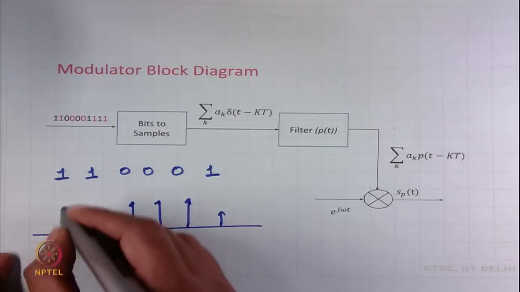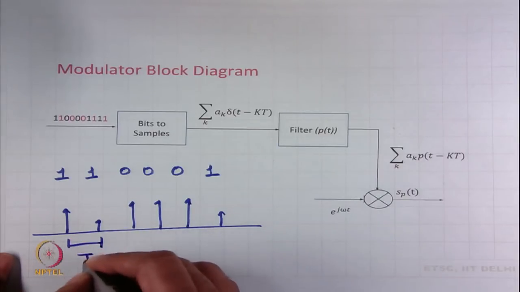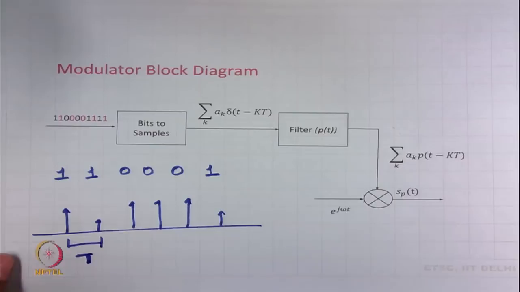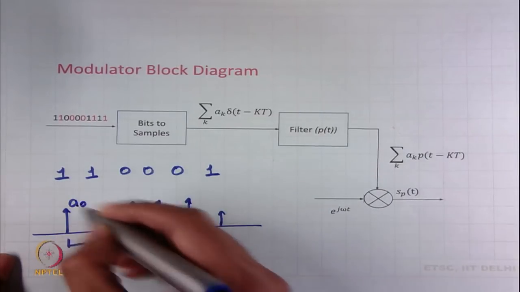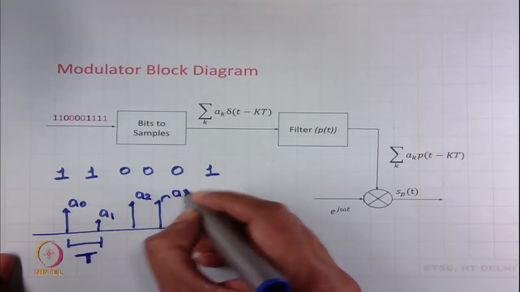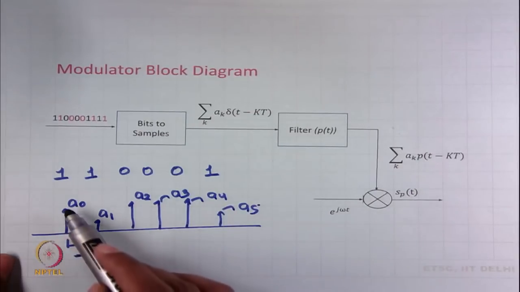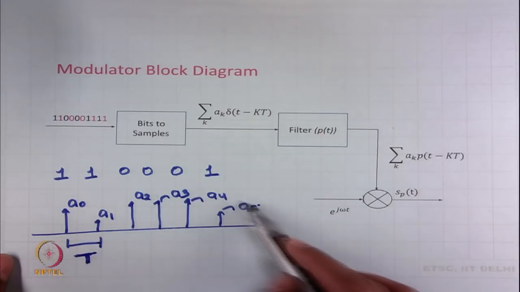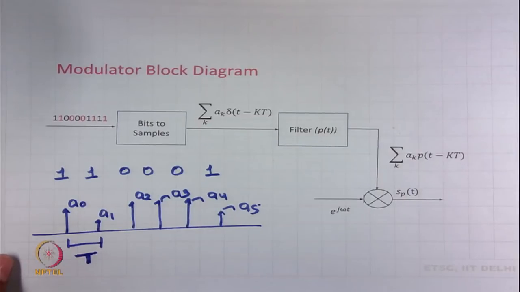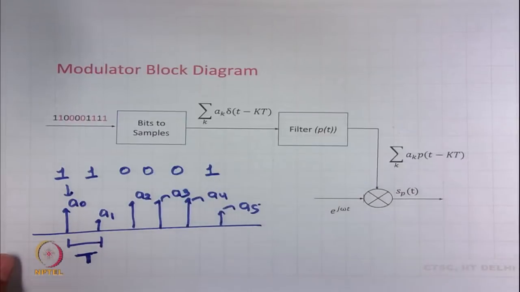These impulses, let us say, are separated with a duration of t seconds, and the weights of these impulses, namely A0, A1, A2, A3, A4, A5, are decided based on what you have in here.